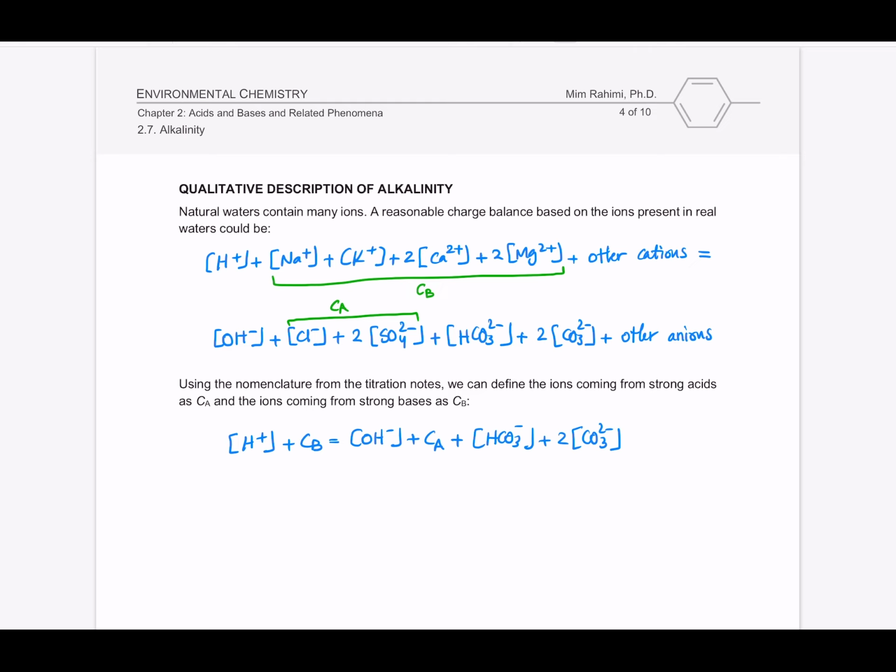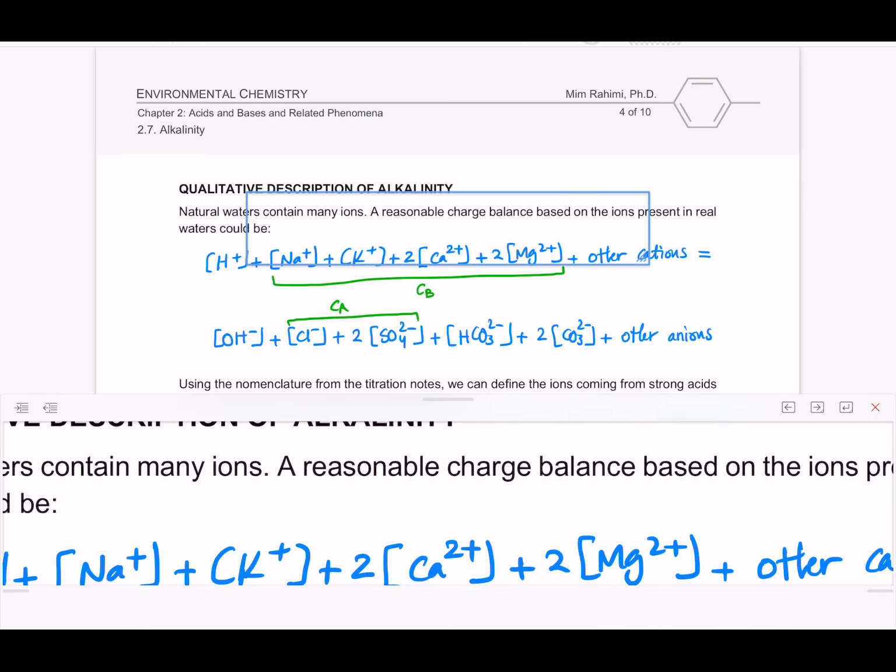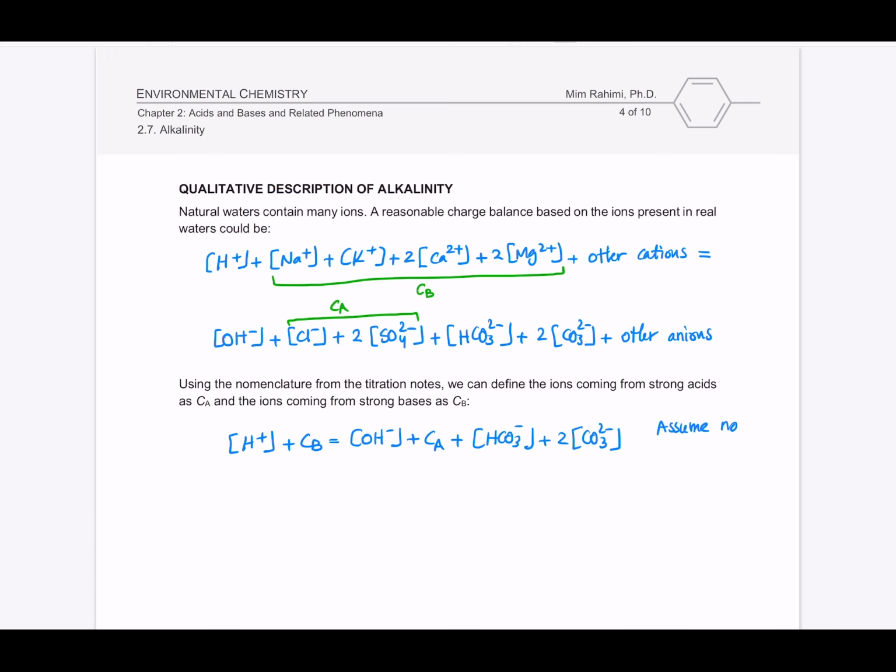And also we're assuming no other weak acids. So for example, we don't have any phosphate, but in reality, we have phosphate in the system. For the sake of simplicity, we're looking at only having carbonate in the system.